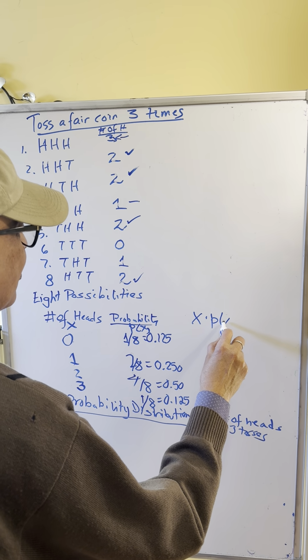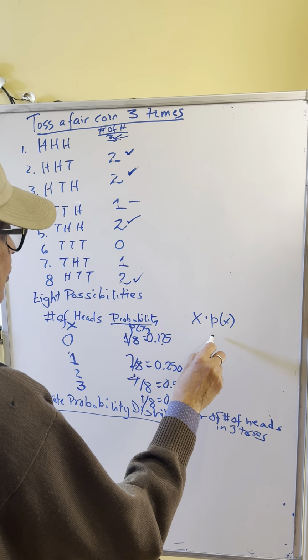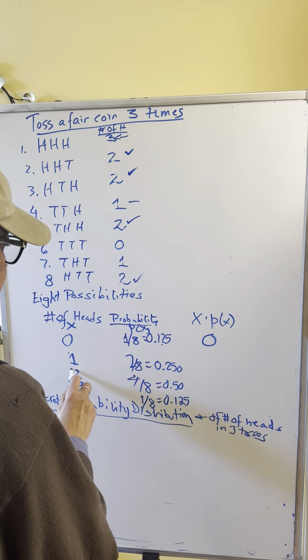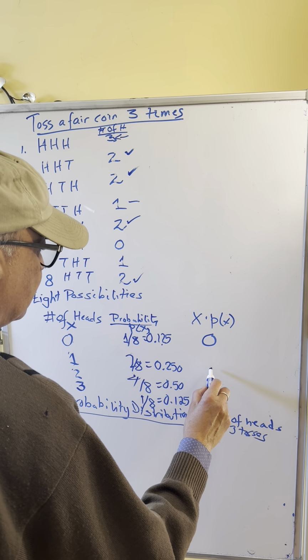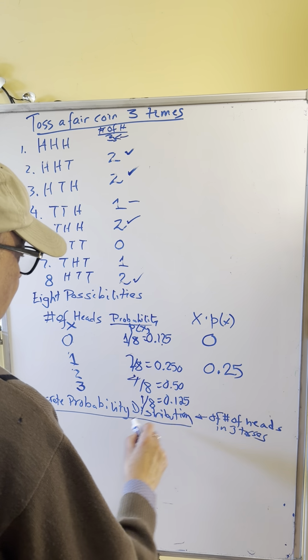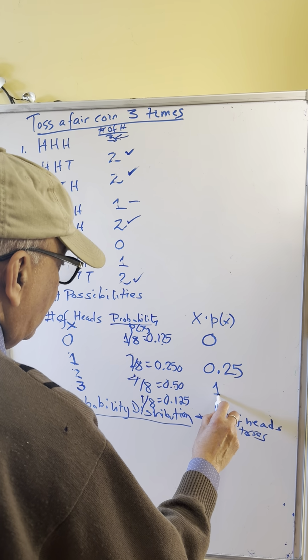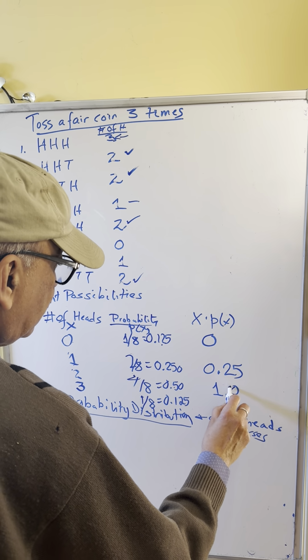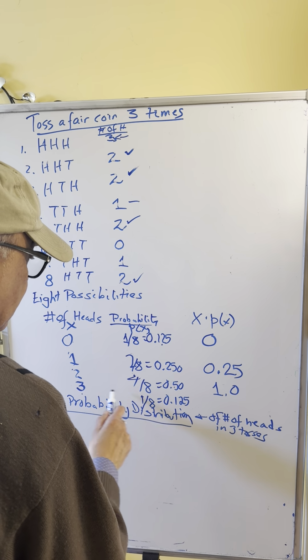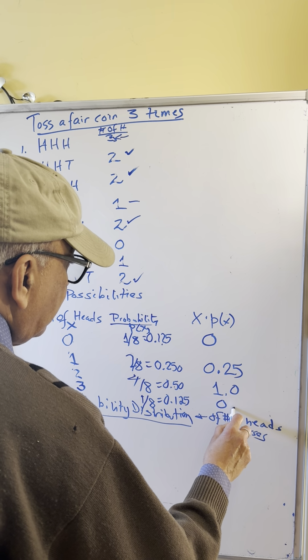X is the number of heads. So the first one is 0 times 0.125 is 0. Next one is 1 times 0.25 is 0.25. Next one is 2 times 0.5 is 1.0.